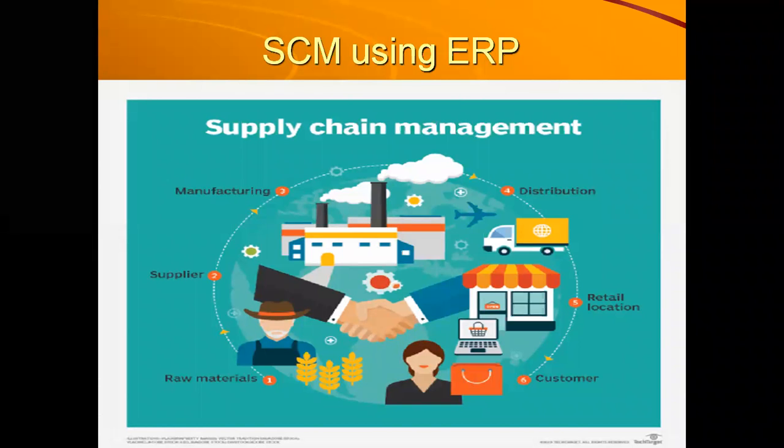And for that, ERP helps a lot in maintaining that. How? Because it provides connecting links with the customer. It provides connecting links with the supplier as well, and even the distribution company, the company which is responsible to distribute the goods.